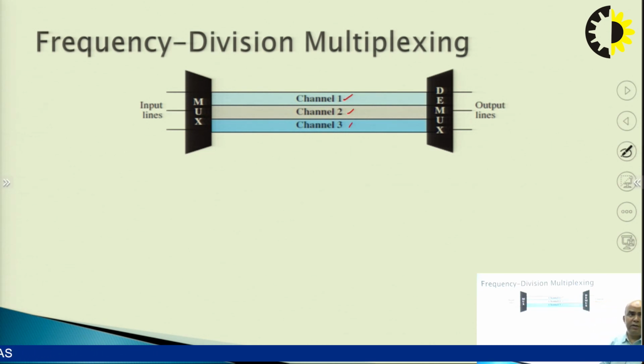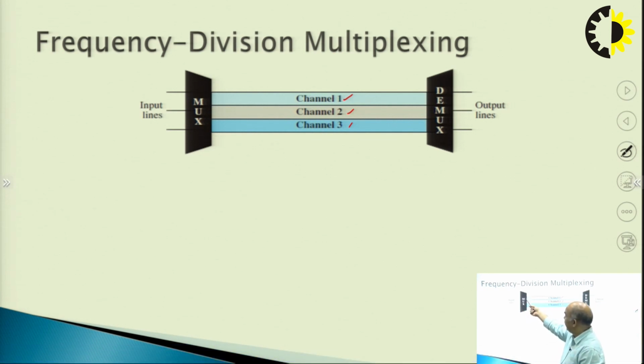Let's suppose there are three inputs. They are sending the data using three channels here. In this example, we are sending using three inputs, and we have three outputs. The issue that can arise is that channel 1, channel 2, and channel 3 can overlap with each other.